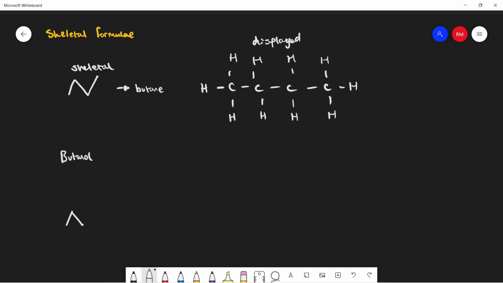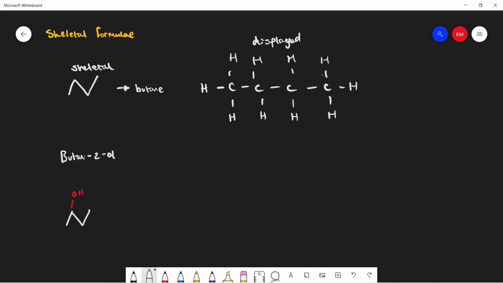We would use our skeletal formula for the carbon skeleton right here, and then we'll make this carbon butane 2-ol. We'll put this in red. See here that you still have to represent the OH. You can't just say butane 2-ol and just put the carbon skeleton there.